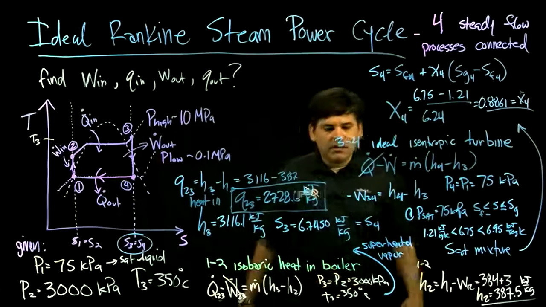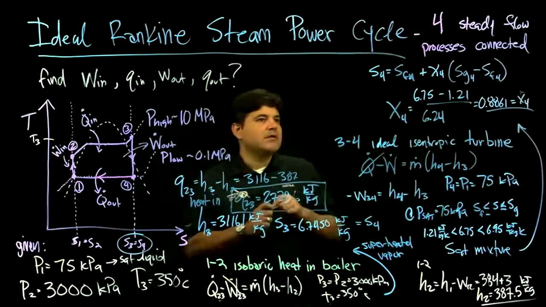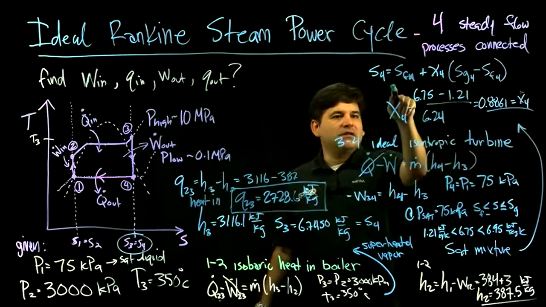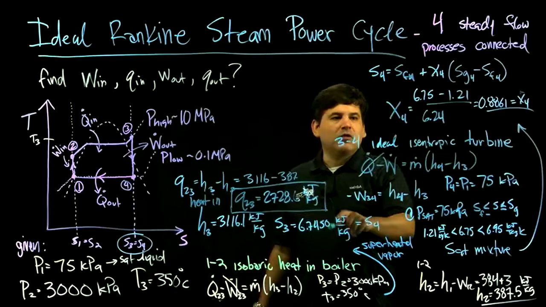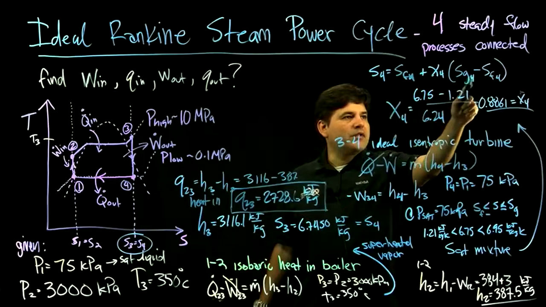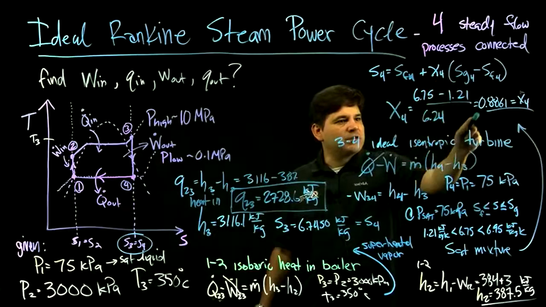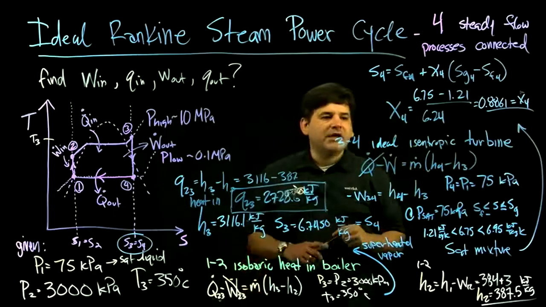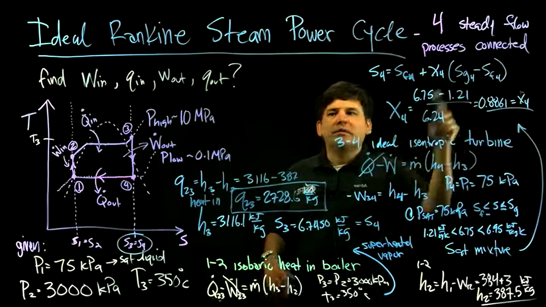Then, because it's a mixture, the entropy is a weighted average, and we use that connection between state 3 and state 4 to find the quality, because we can look up the limiting cases, but we're somewhere in between. That allowed us to find the quality. Next, we can find the enthalpy from this relationship.